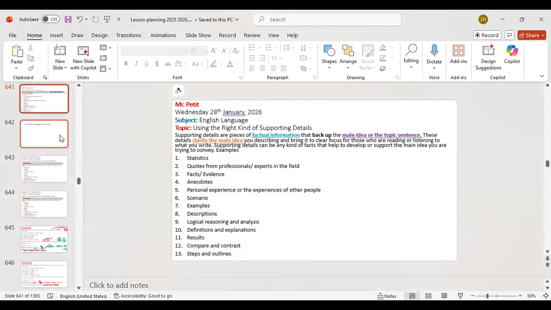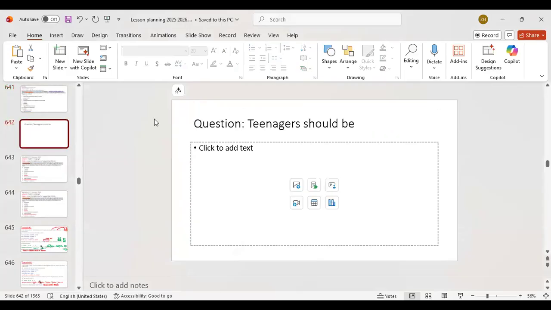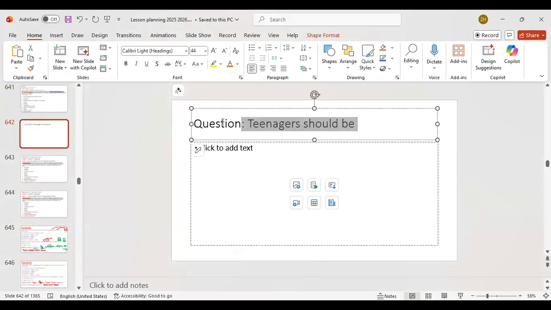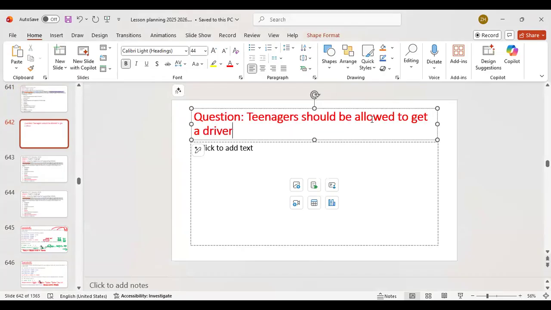The question is, teenagers should be allowed to get a driver's license at the age of 16 years old.